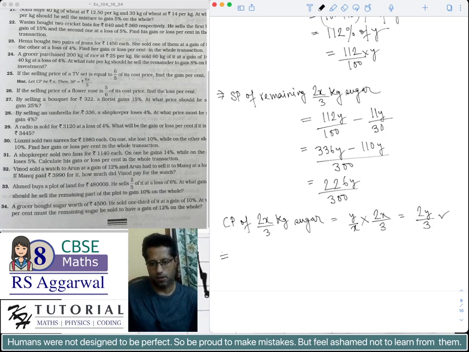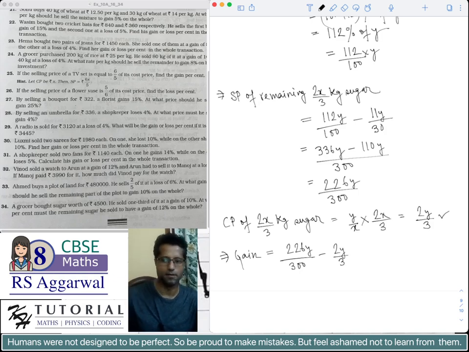This implies the gain should be equal to 226y by 300 minus 2y by 3. This must be the gain made in selling the remaining sugar, that is the 2x by 3.